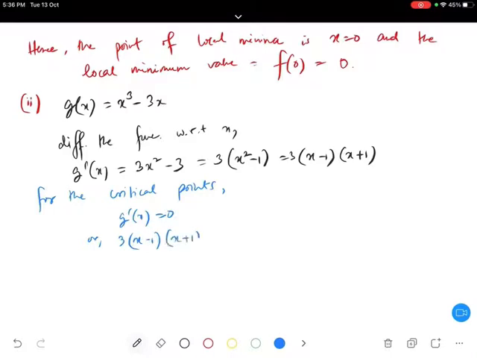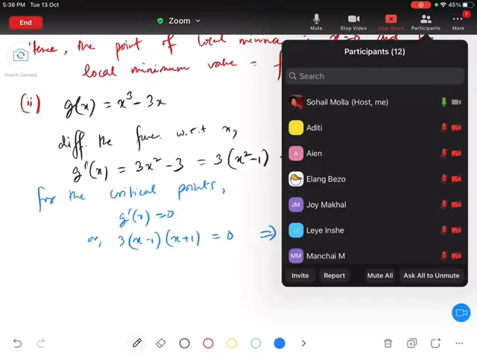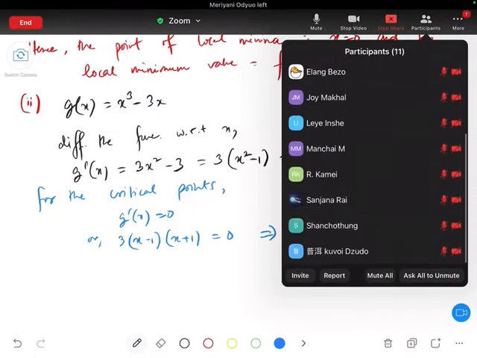So from here, x is equal to 1 or x is equal to minus 1. These are the two critical points we get.